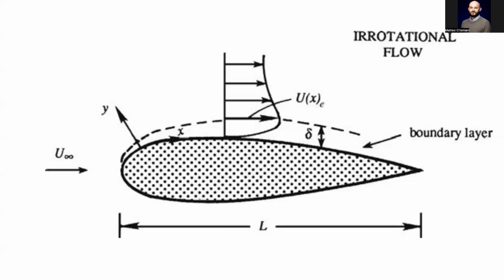We've only asked in this situation for there to be irrotational flow. Viscosity exists, but we're in a steady state. So the only approximations that we've made here, we don't have the full Navier-Stokes equations, but we do have two approximations: steady state and irrotational.